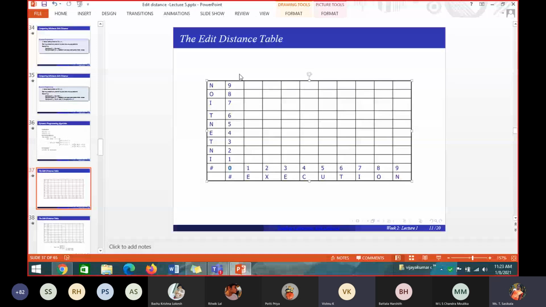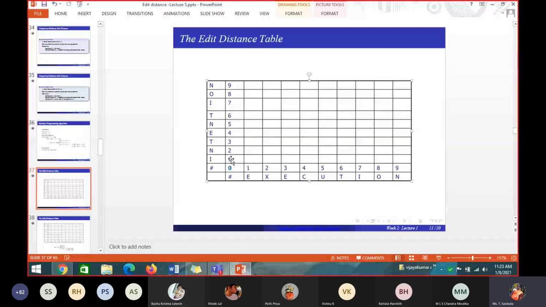Okay, d of i comma j. This box is where I want to find the distance between I and E. I is the capital letter I am asking. D of i comma j means what is the small i value?